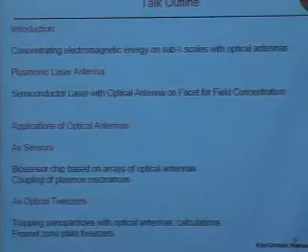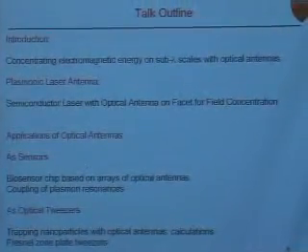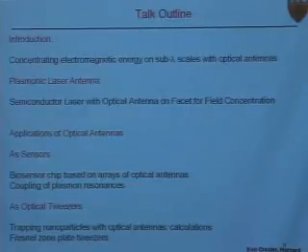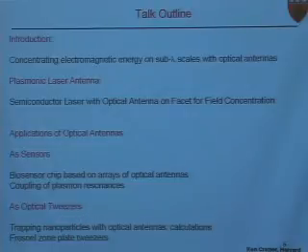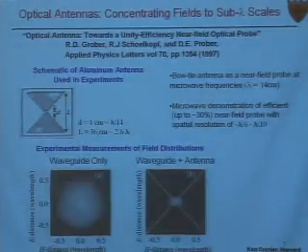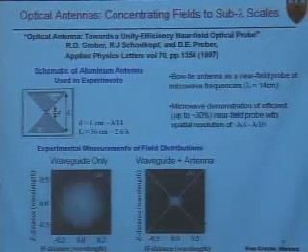And then I'll speak about applications of optical antennas, firstly as sensors, and I'll highlight a DNA sensor chip that's currently under development, and secondly as optical tweezers. And I'll talk about microfabricated structures for trapping nanoparticles with optical antennas and Fresnel zone plate optical tweezers that are useful for larger particles.